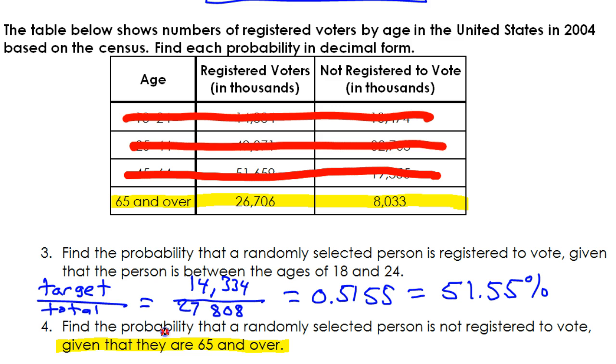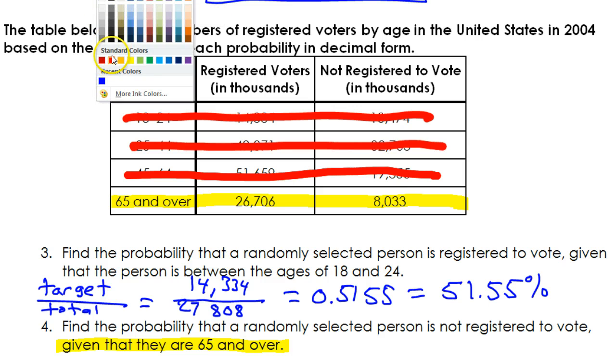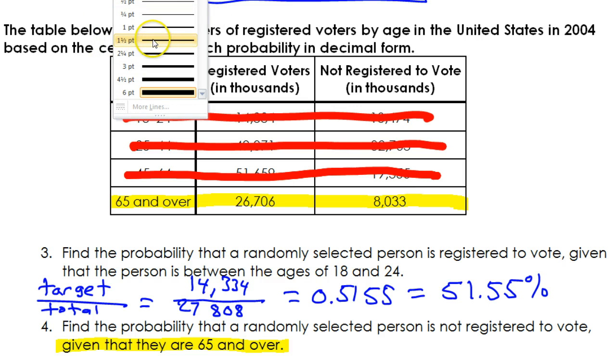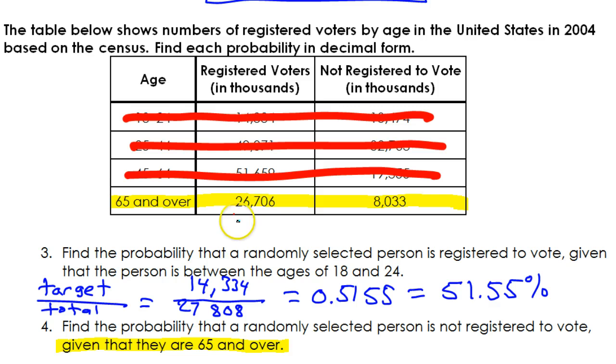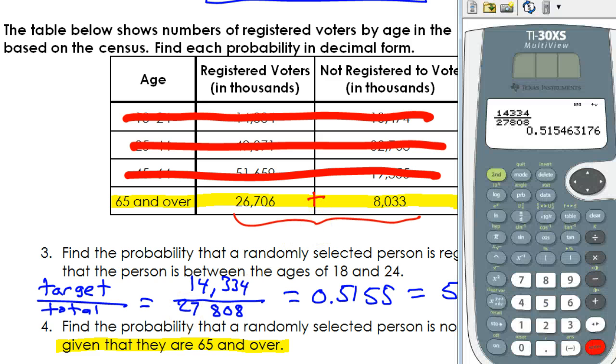So I want probability. So I know I'm going to need target over total. So might as well get that total lined up. Alright, so we're just going to add these up for the total. 26,706 plus 8,033.